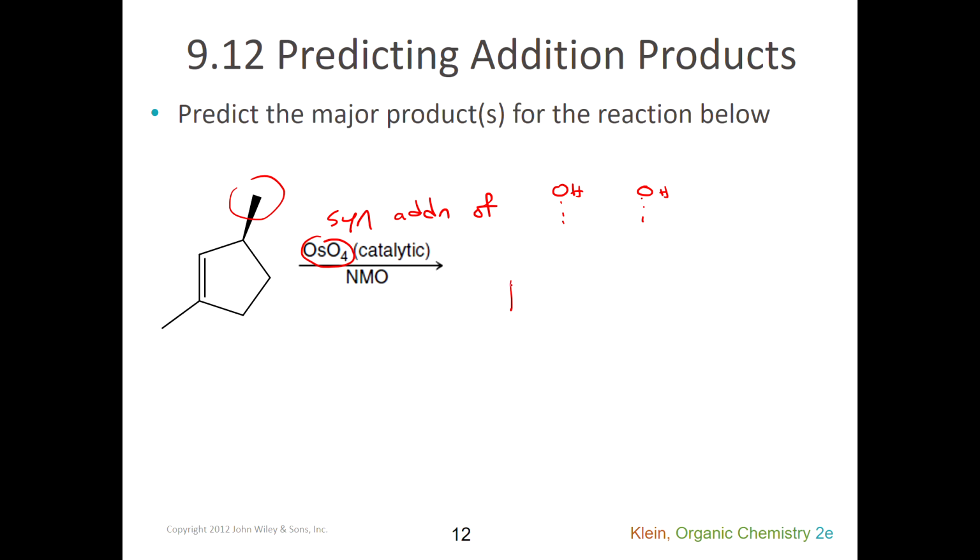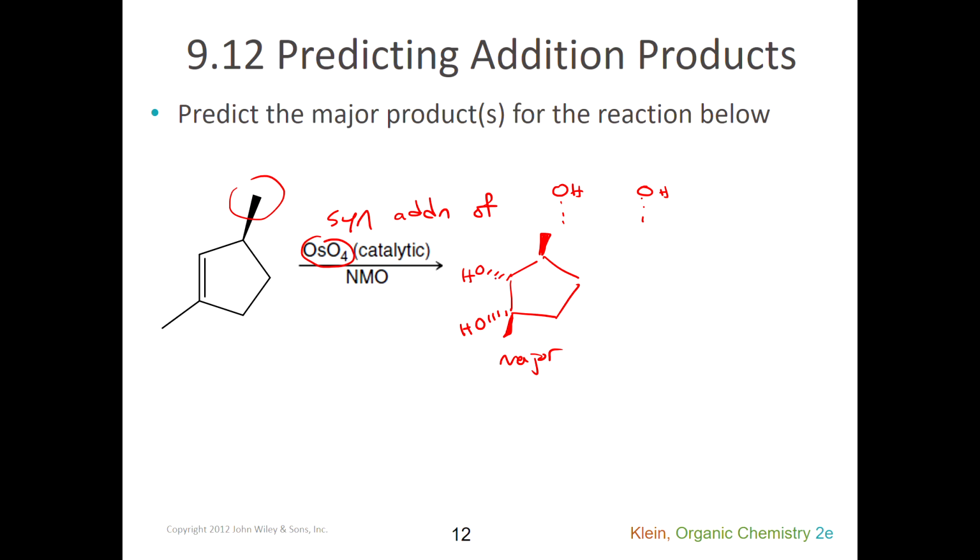So if I were drawing the resulting product there, this methyl group would still be there, but it might direct the two OH groups and add syn across the pi bond to the bottom side, which would push this up, and so that might be the major product. Well, once in a while the osmium tetroxide might come in and sit down on the top, even though there may be low steric hindrance.